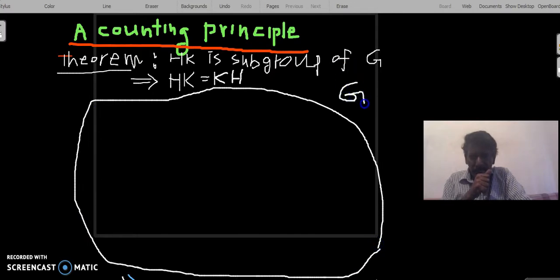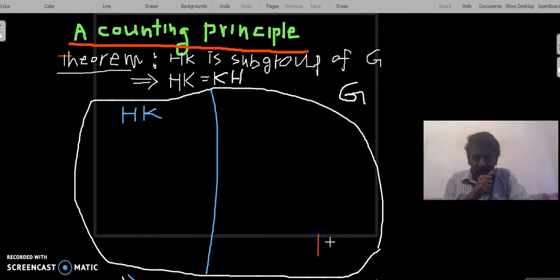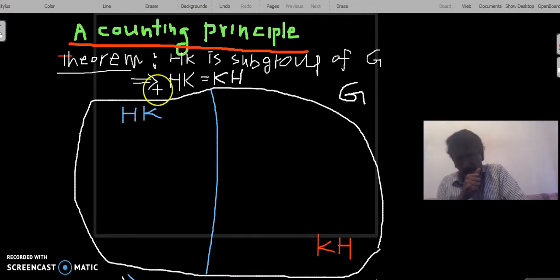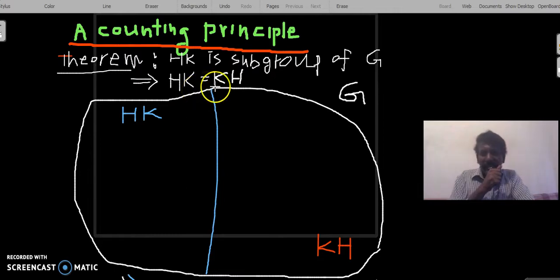Suppose HK is this particular subgroup, and KH is another subgroup. Now what we have to prove is that both of them are equal, that the right coset HK should be equal to the left coset KH. That's what we have to prove here.